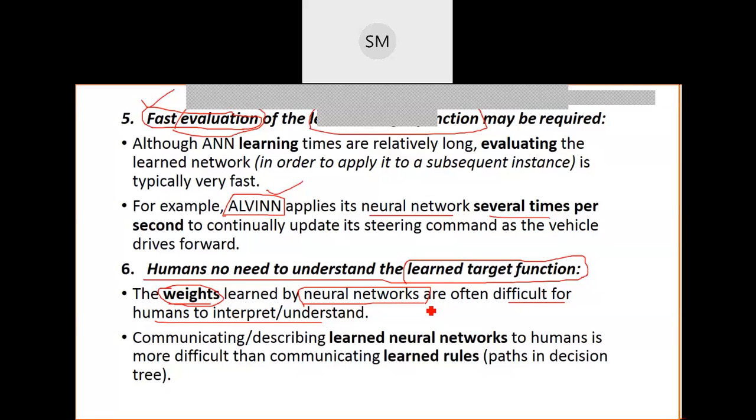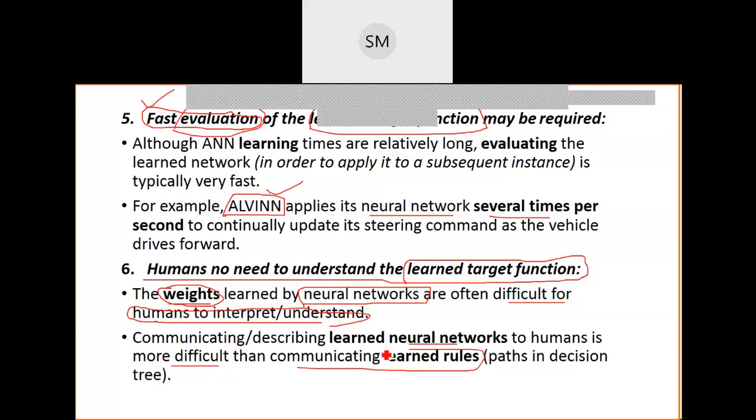Just now I showed you one matrix of weights in the form of white and black blocks. Some positive weights may be there and some negative weights may be there, and these weights are difficult for human beings to understand. Communicating or explaining these neural networks to human beings is more difficult than communicating learned rules.